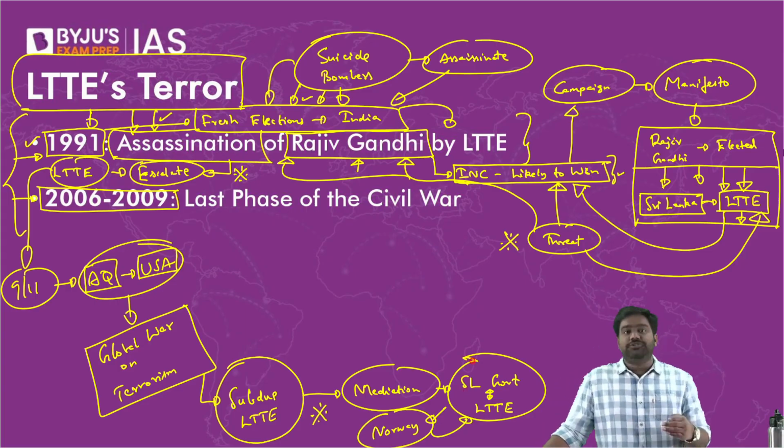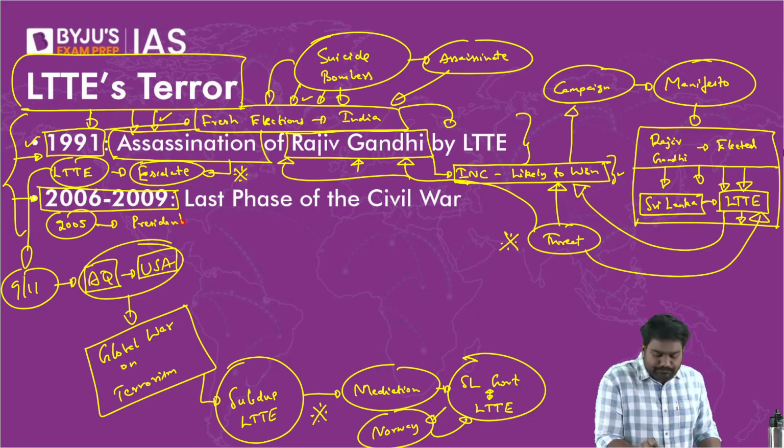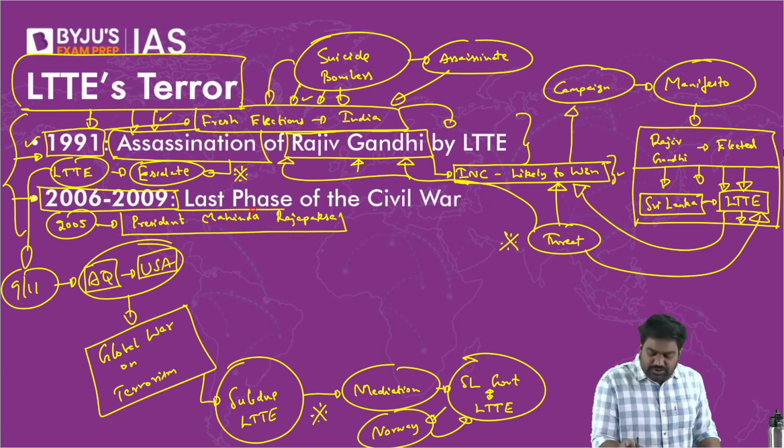So at this juncture, there was a major development in Sri Lanka. In 2005, Sri Lanka got a new government, a new president. Mahinda Rajapaksa got elected as the president of Sri Lanka, and he suspended the peace talks that were going on.